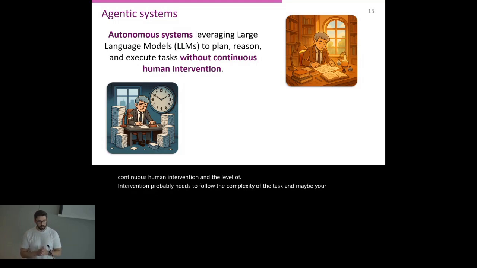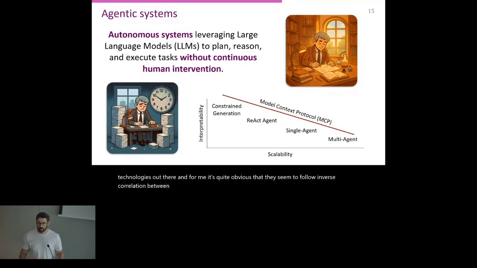And there are a bunch of technologies out there. And for me, it's quite obvious that they seem to follow an inverse correlation between the transparency of the approach and the scalability. So something like a simulated Stanford with multiple parallel meetings of several experts. You may have got the feeling from James's response to the question this morning that reading through all these protocols, it's A, not very easy, and B, does it even help you?